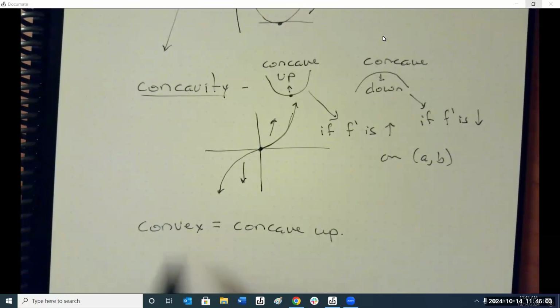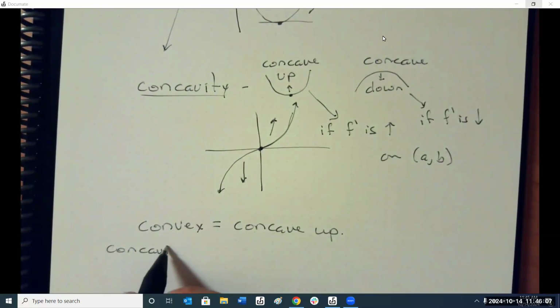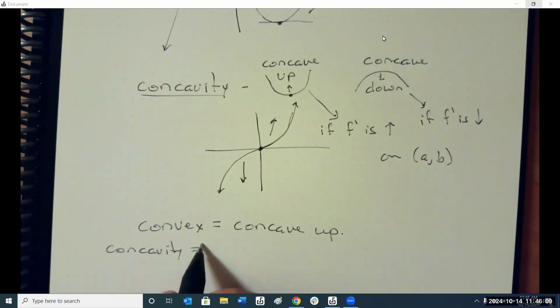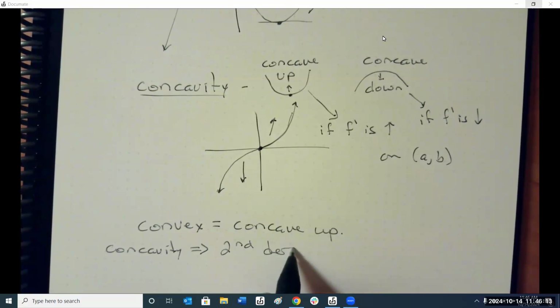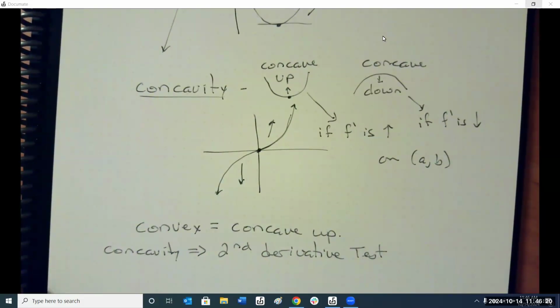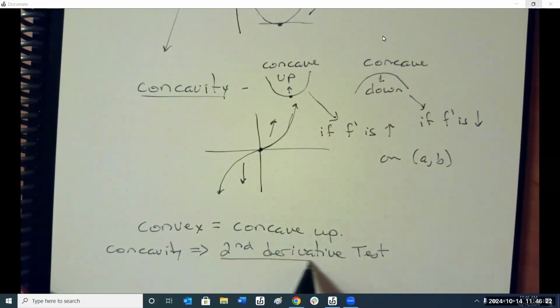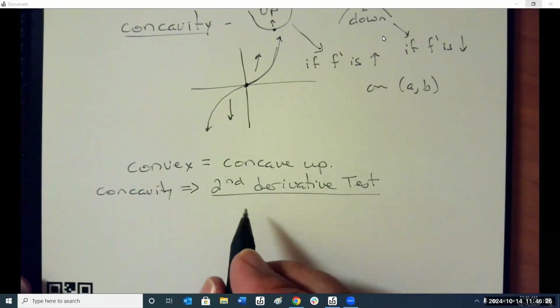So to talk about concavity, we use the second derivative test. The second derivative simply says this.